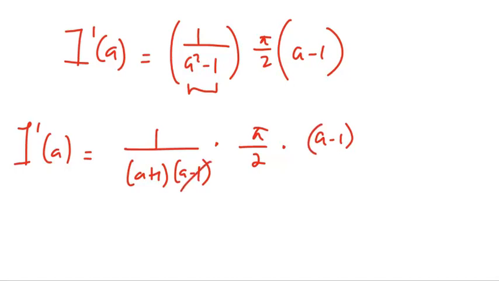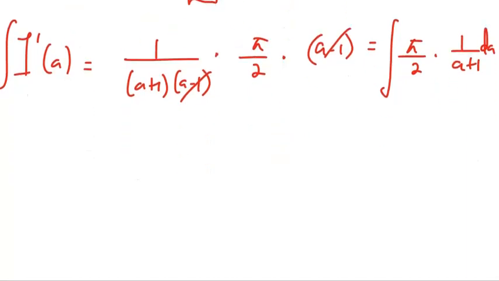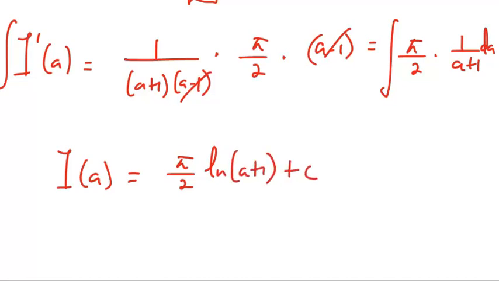And we see these both get cancelled. And here we have pi by 2 multiplied by 1 over a plus 1. Now we need to integrate both sides, right? So integrate both sides, the right hand side with respect to a, and on the left hand side we now recover our I of a, which is going to be equal to pi by 2 ln of a plus 1, plus c.